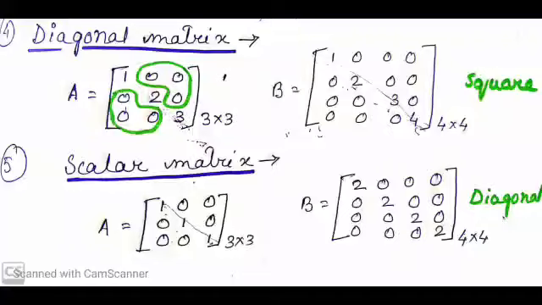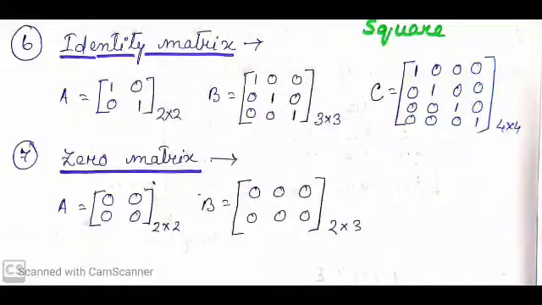Matrix B is also a scalar matrix and the diagonal elements are 2, 2, 2, 2. Non-diagonal elements are 0. So this is a 4 by 4 matrix. So a scalar matrix is also a diagonal matrix. If scalar matrices are also diagonal matrices, then they are also square matrices. So we can say a scalar matrix is a square matrix.